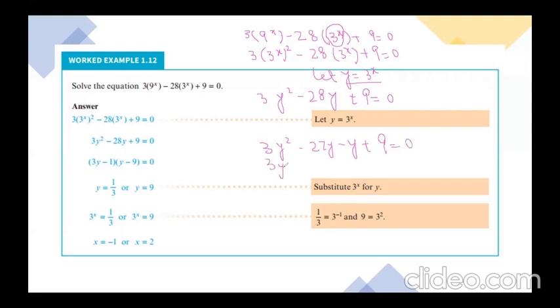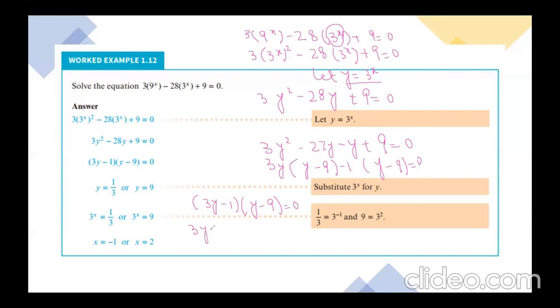So taking common y, y minus 9, minus 1 into y minus 9 equals 0. So it must be y minus 1 into y minus 9 equals 0.